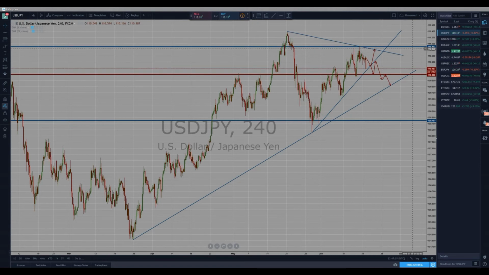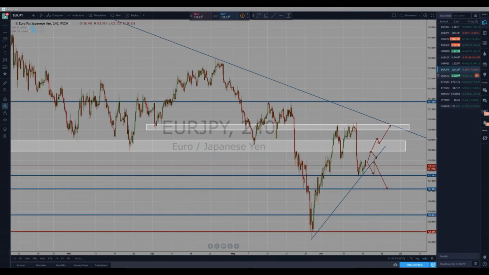UJ did go bullish, but all of the other JPY pairs went bearish. So we don't see as much of a significant movement upward on UJ as you would be expecting, and that's the reason why. So this is a pretty simple chart.